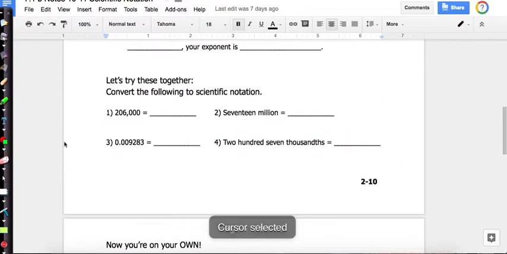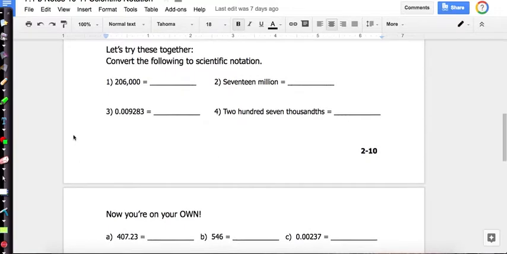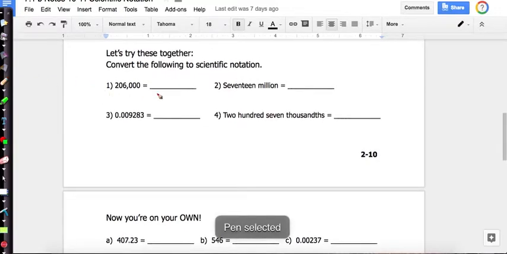Okay, so we are going to follow our steps and see if we can try these together. So the first step was to chop the zeros where they begin to repeat, and they're beginning to repeat here at the end. I know I see a 0 here, but it's where they repeat at the end.